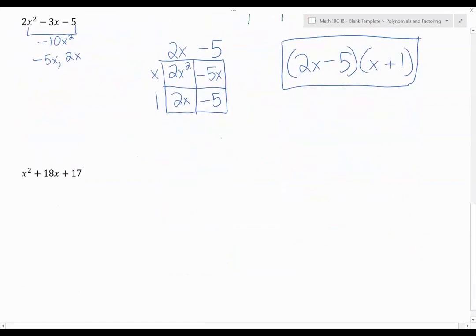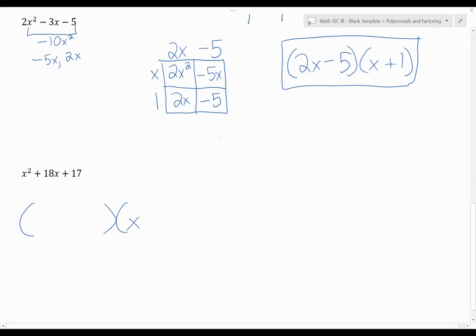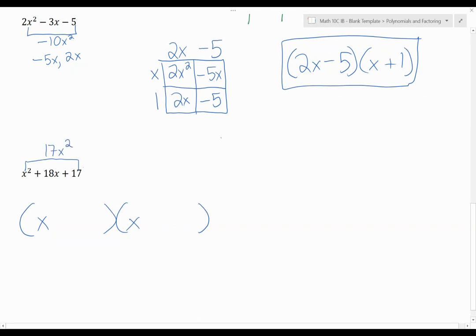In this next instance, where I have a leading coefficient of 1, it is a little bit simpler because I know that this is going to be x and x as my linear terms. So this is a great example of where I might be able to do without the organizational boxes to start. I do still follow the same process. I'm looking for two terms that have a product of 17x squared and a sum of 18x.